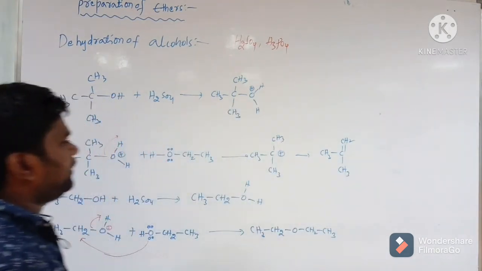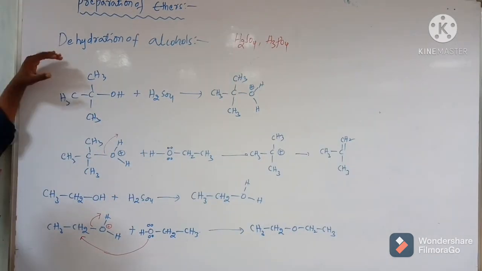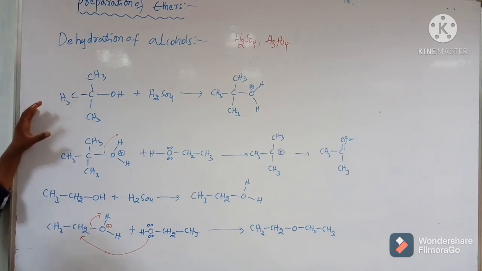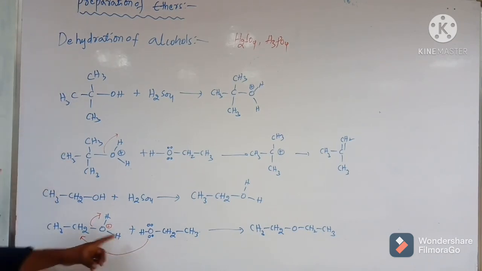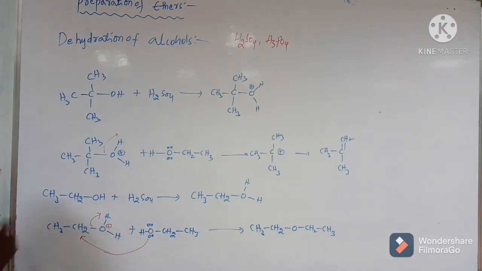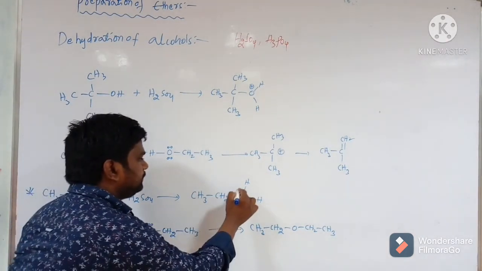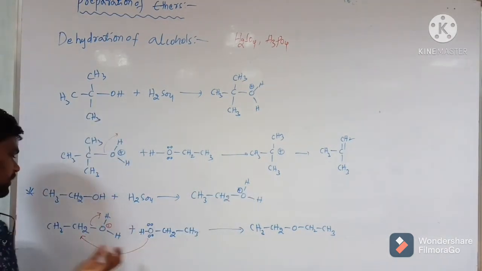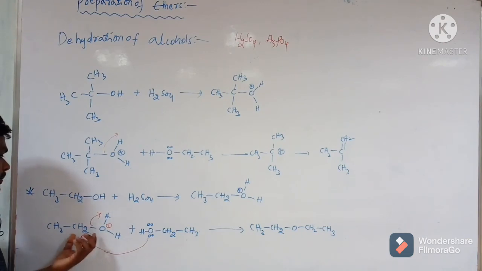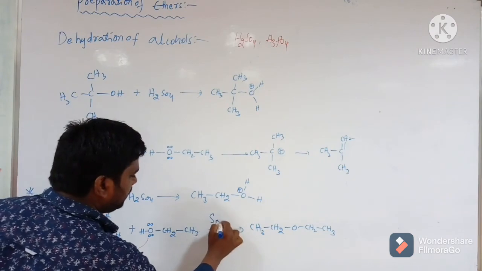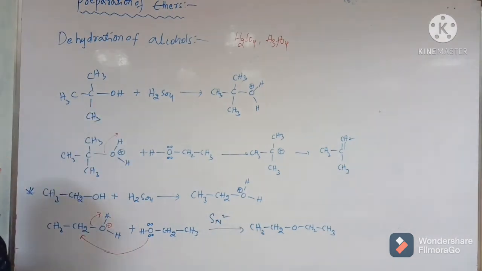After that, the alcohol substitution takes place on the protonated alcohol. Protonation takes place on this alcohol, and we get this. The alcohol substitution takes place on this primary alcohol, so H2O elimination occurs as an SN2 pathway.